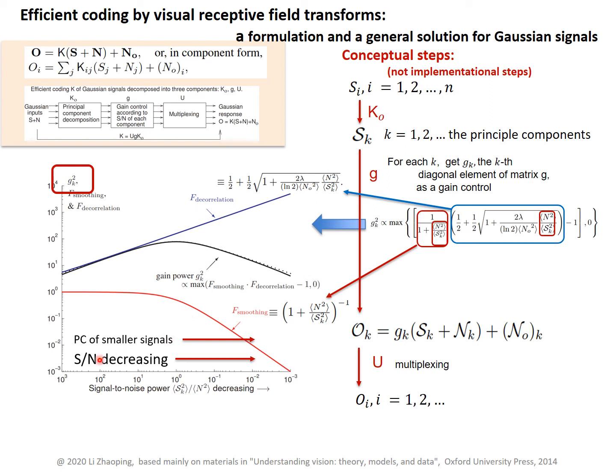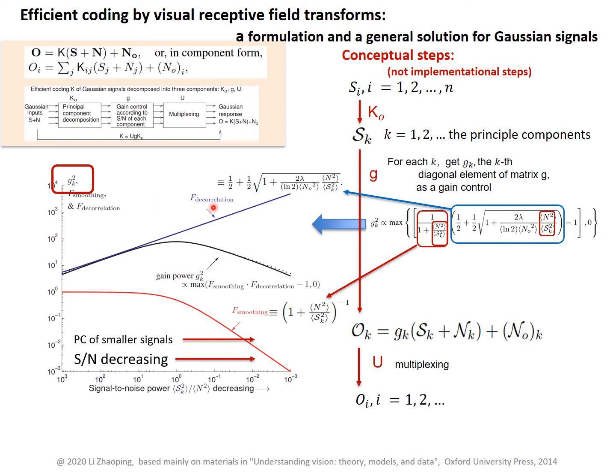When the signal to noise is high, this F smoothing, this is the red curve, is a constant because this term is almost negligible. But then as signal to noise becomes weaker, F smoothing cuts down. So this F smoothing factor does signal smoothing, or smooths out the noise, by cutting out weak channels which are dominated by noise.